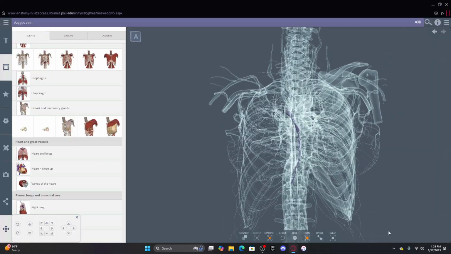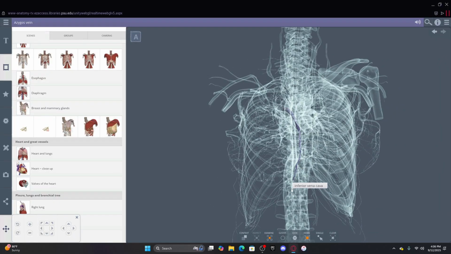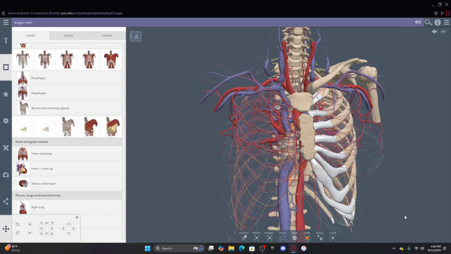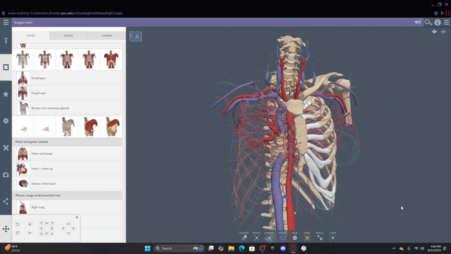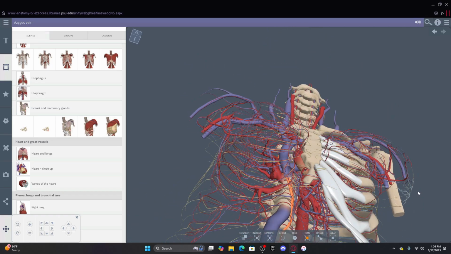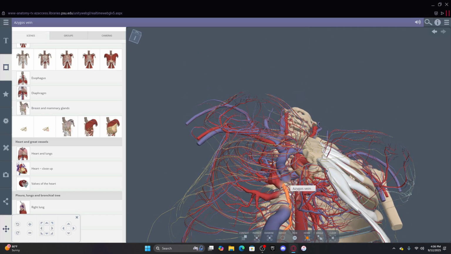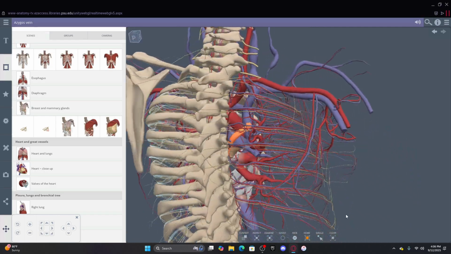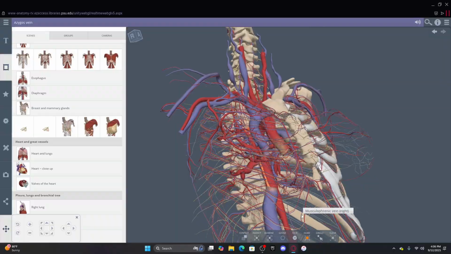So that is the azygos vein. It's a unilateral structure, not found on both sides. That's going to be all the way in the posterior region of the thorax. And remember, this is a branch of the superior vena cava.